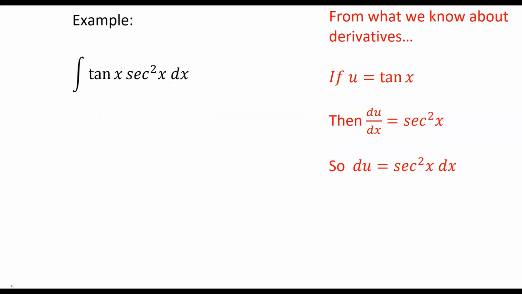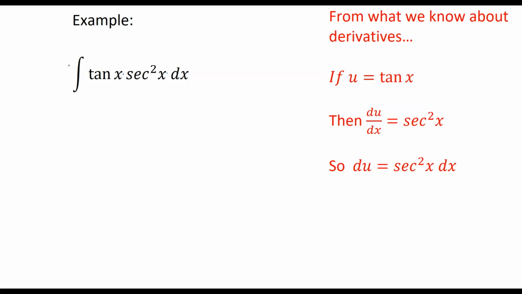You'll notice here we have the integral of tan x multiplied by secant squared x multiplied by dx. And so this is a combination of a couple of different functions with respect to x. And remember, we are looking for a function to some power and also multiplied by its differential.